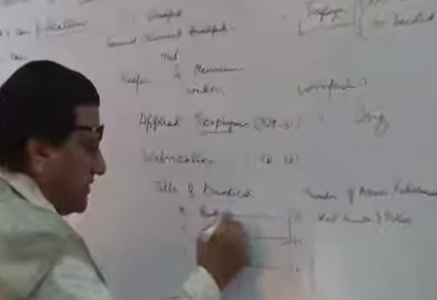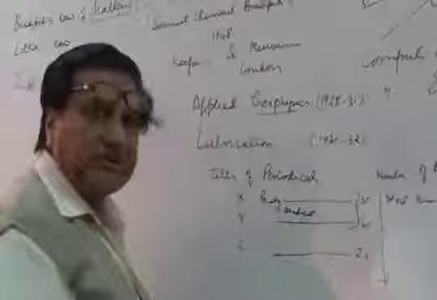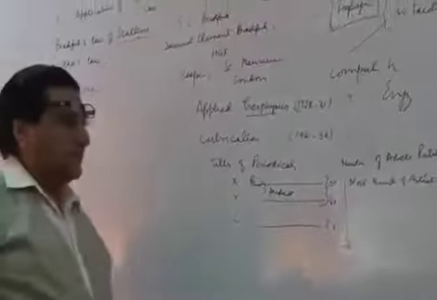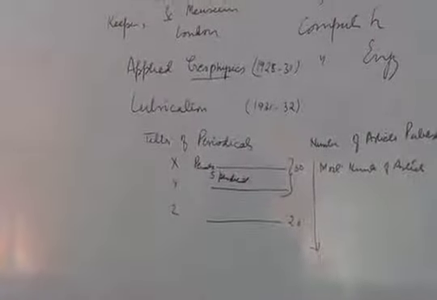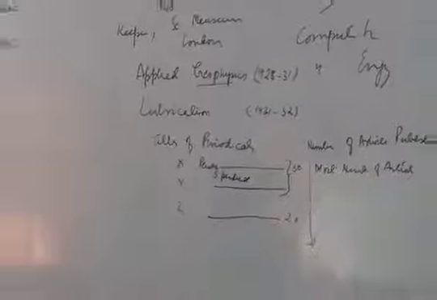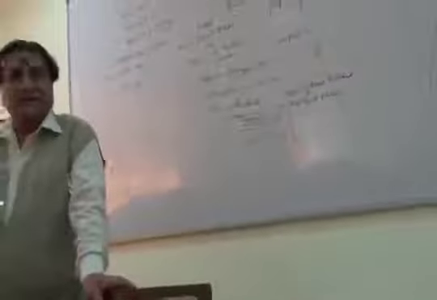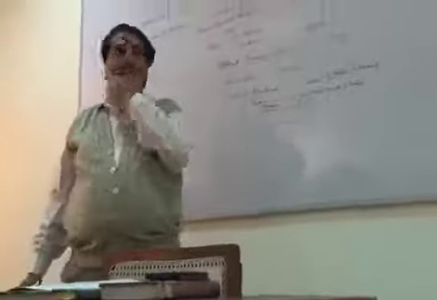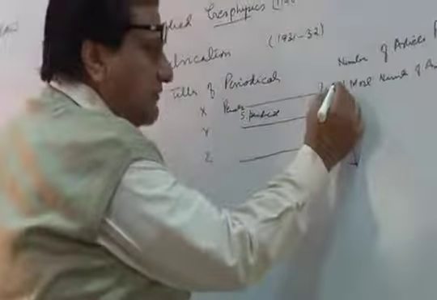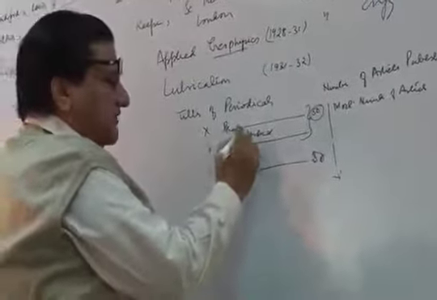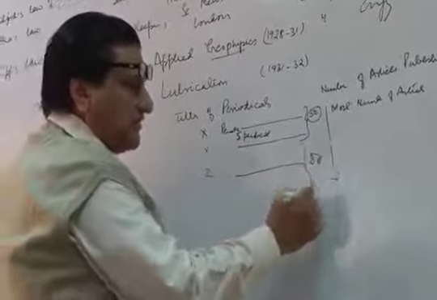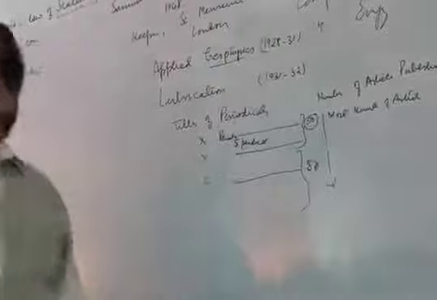For example, he found that maybe there are 5 periodicals which are most productive. For example, he found that 5 periodicals produced, say, 50 articles. Right? 5 periodicals, suppose, produced 50 articles in this period. But if he is looking for 50 articles again, then they are not confined to 5 periodicals, but they are confined to far more number of periodicals.